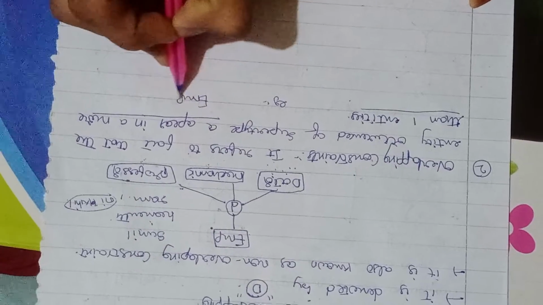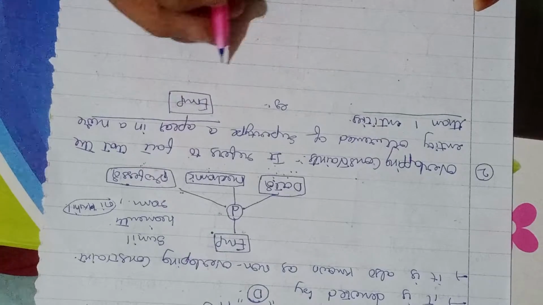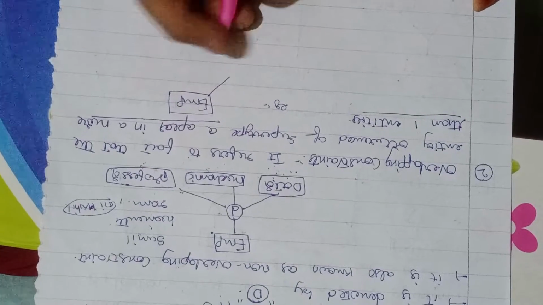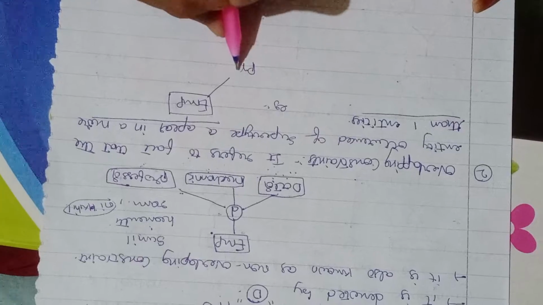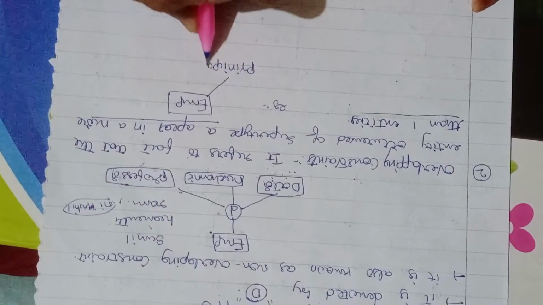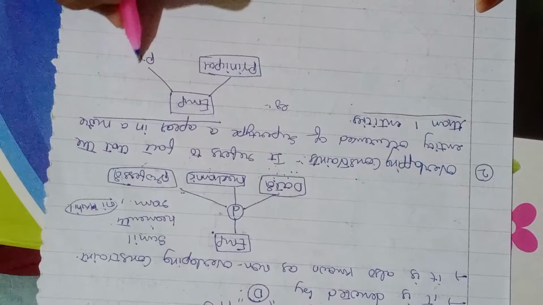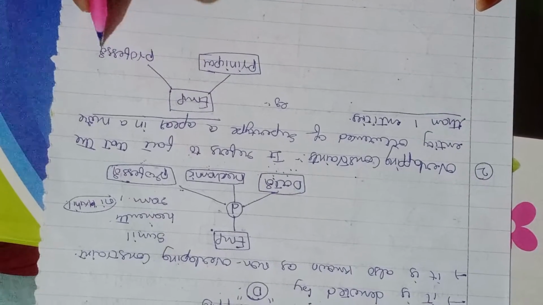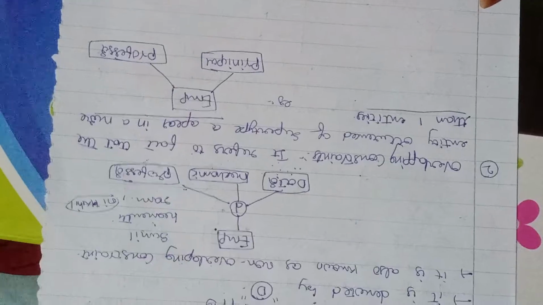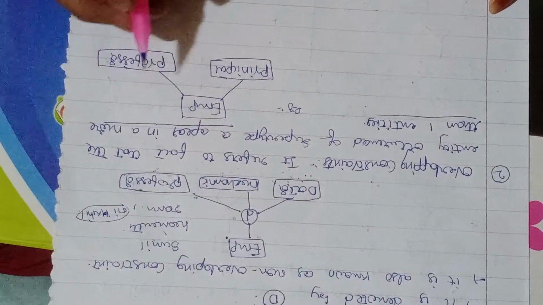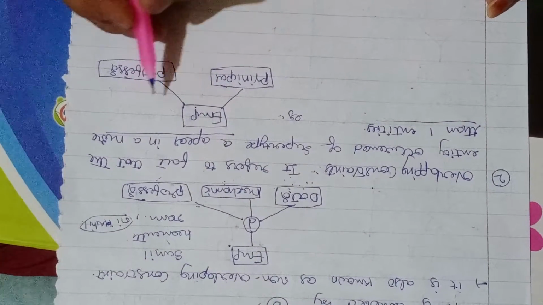Employee is there, principal is there, and here we can see professors. Employee is the supertype entity, and these are subtype entities.